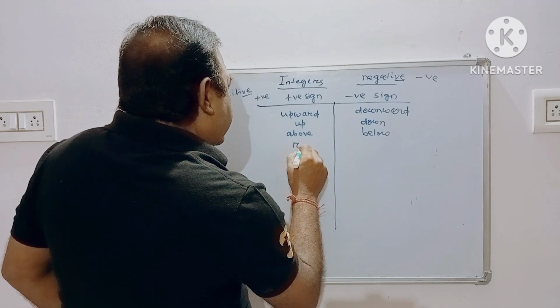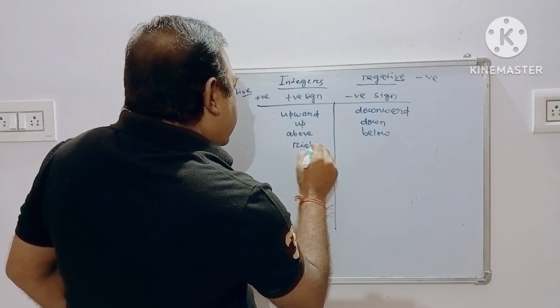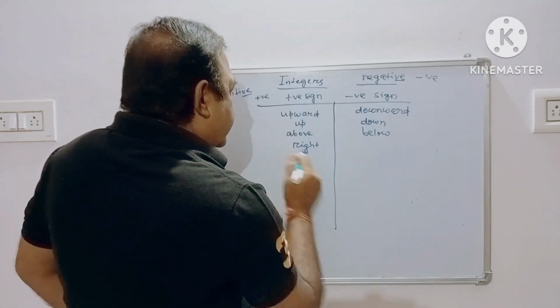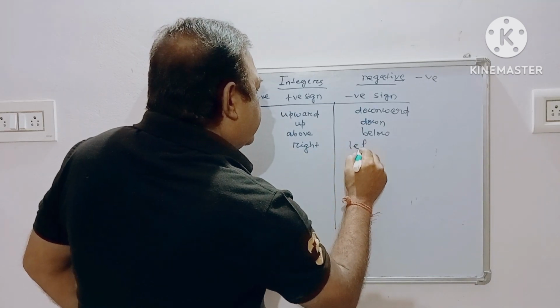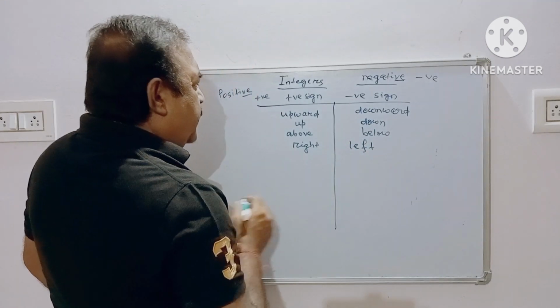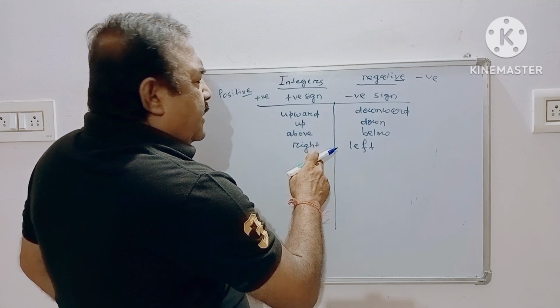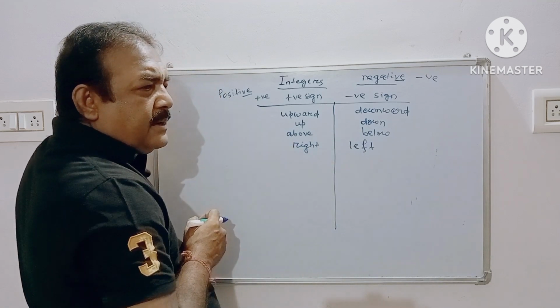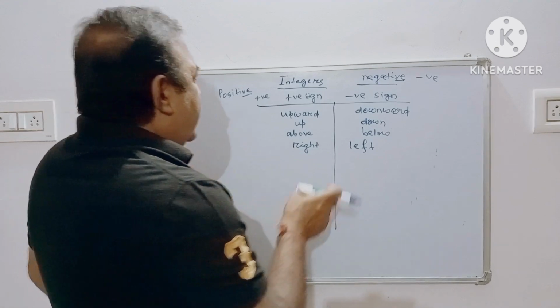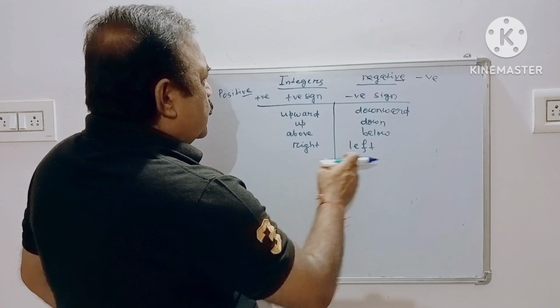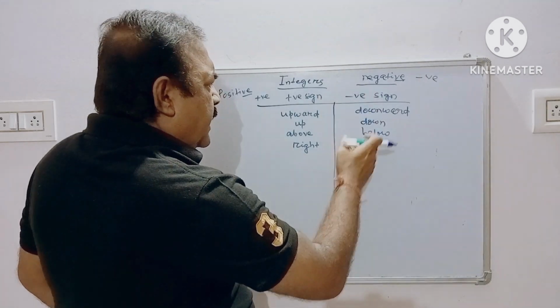Suppose you take towards right as the positive sign, then left is the negative sign. If you take left as the positive sign, then you will have to write right as the negative sign. But generally we take right as the positive sign, so we give the negative sign to the left.